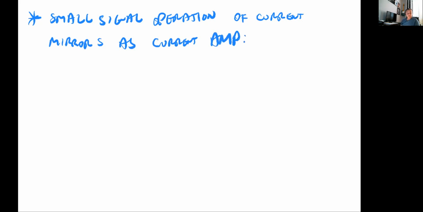And as we have been discussing, when we look at the small signal operation of any type of amplifier, we are interested in what? Input resistance, output resistance, and gain. So that's the main thing, okay?